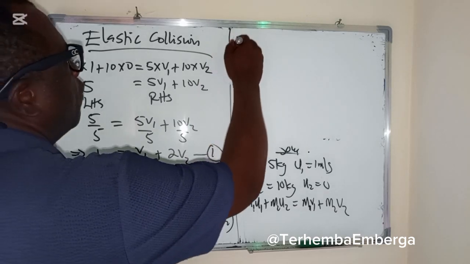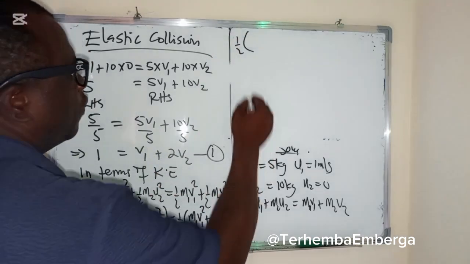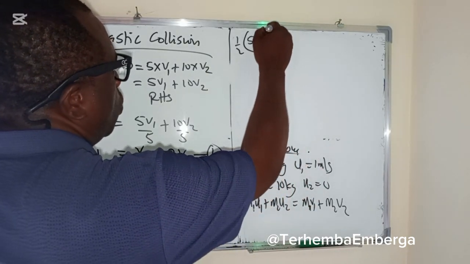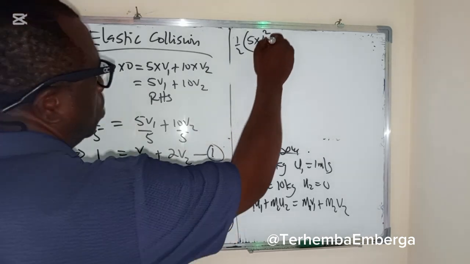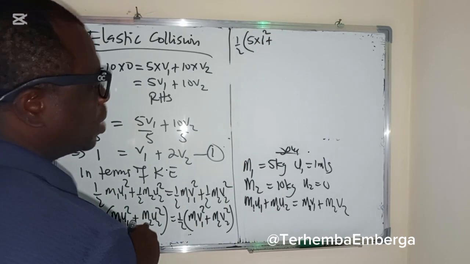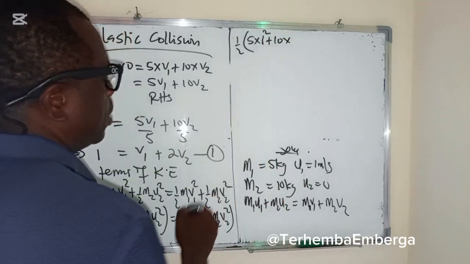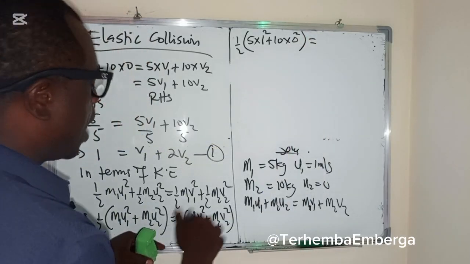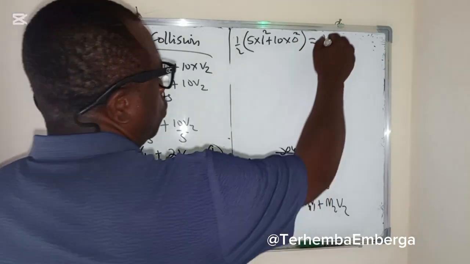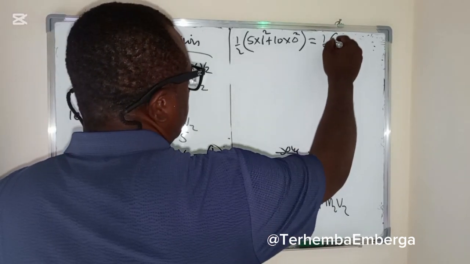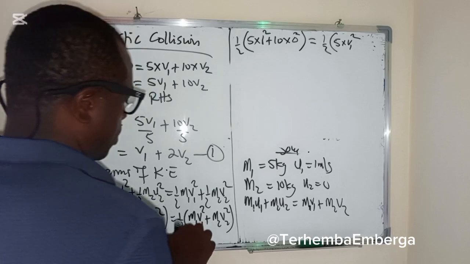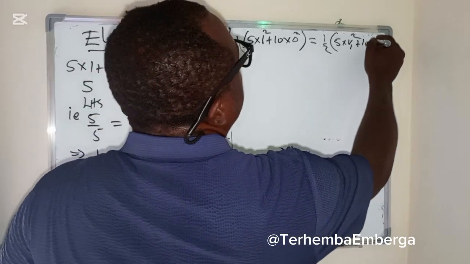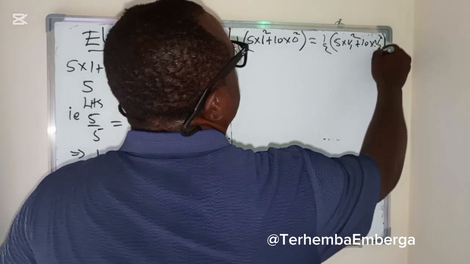Substituting these values, we have half into M1 is 5 times U1 is 1 squared, plus M2 is 10 times U2 is 0, that is 0 squared, equal to half again into M1 is still 5 times V1 squared plus 10, which is M2, times V2 squared.